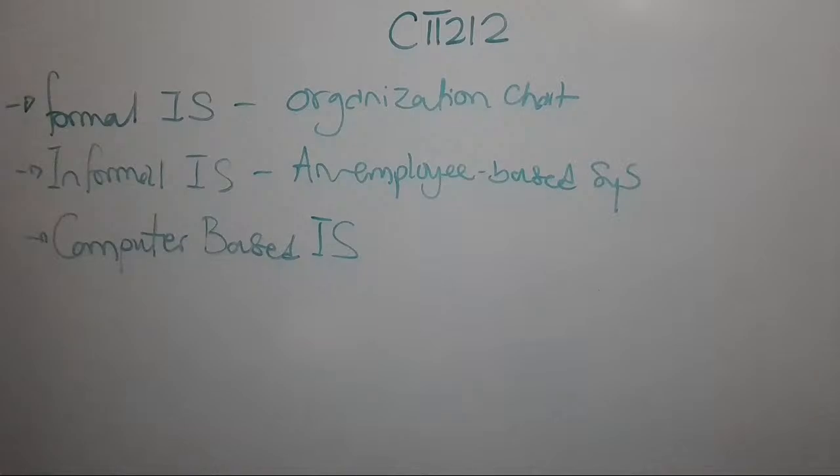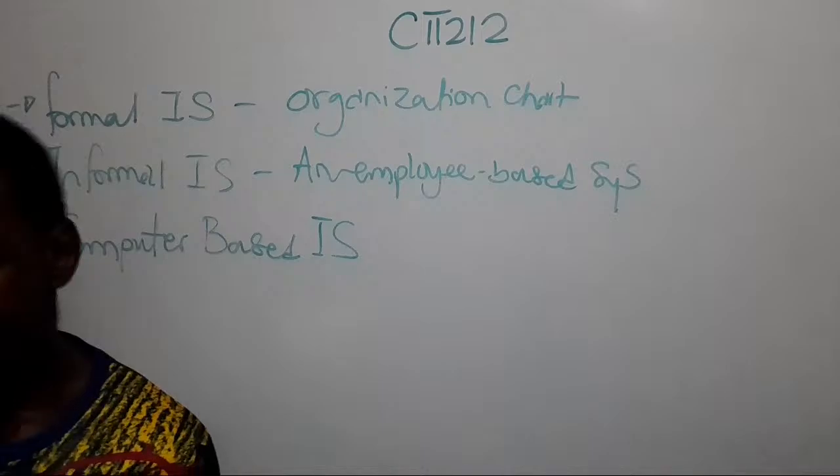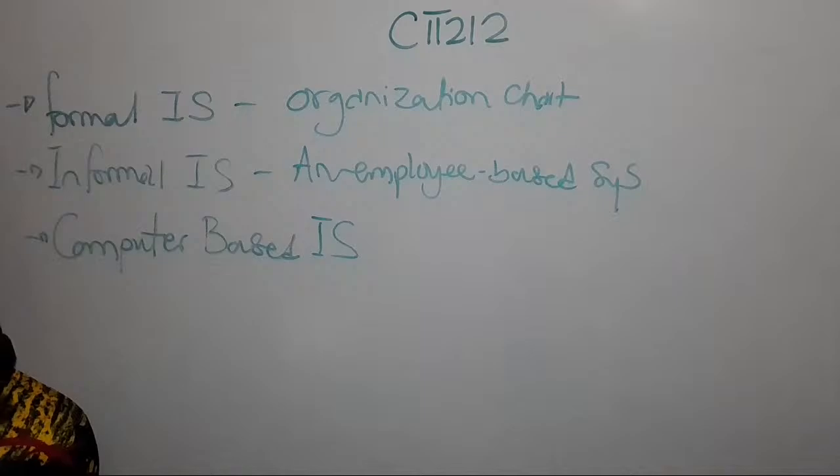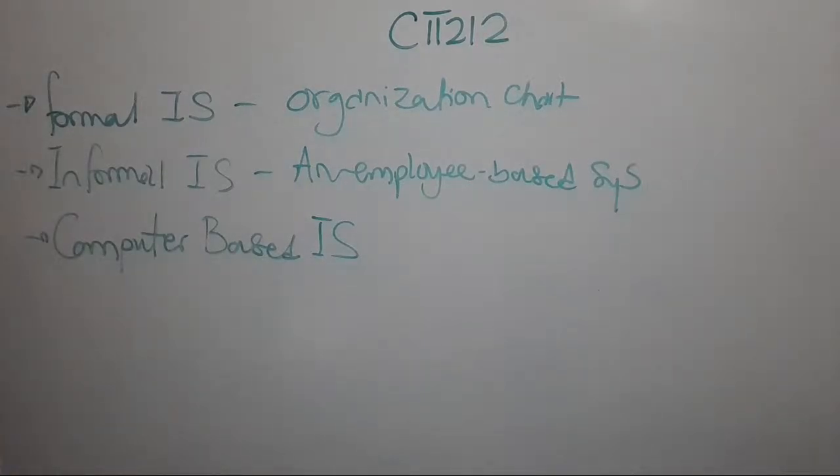Now let's take a step further: the computer-based information system. Just as we have different types of transportation systems, such as the highway system, railway system, and airline system, computer-based information systems are of many types. They are classified as transaction processing system, management information system, DSS, and so on.